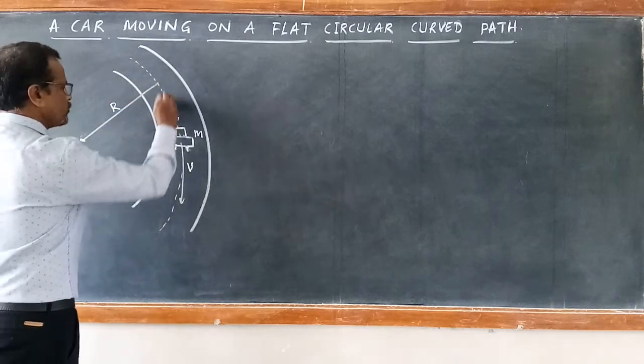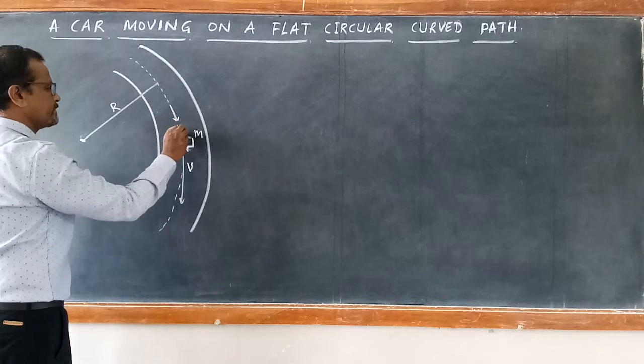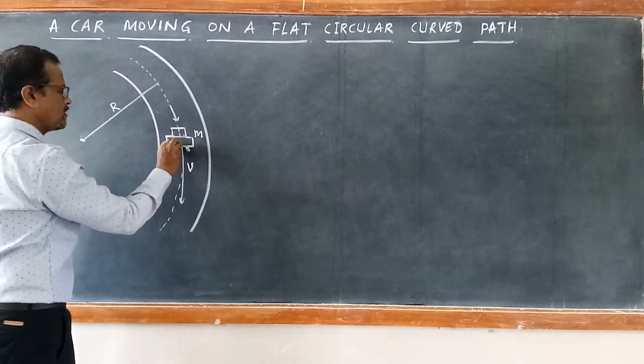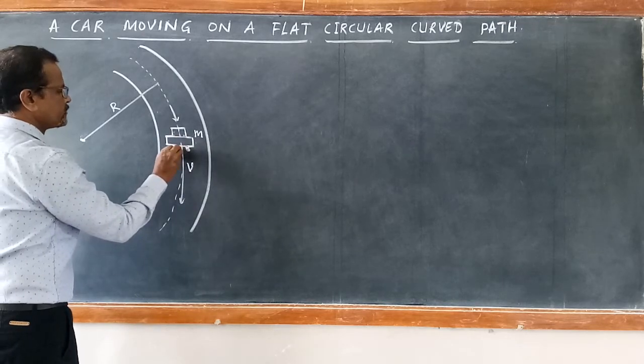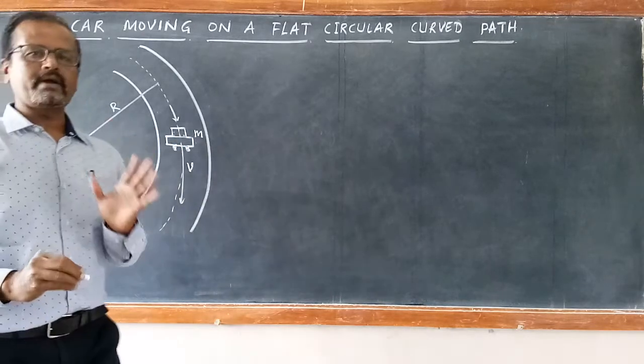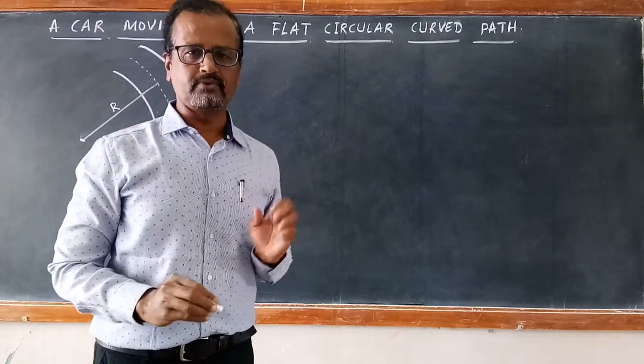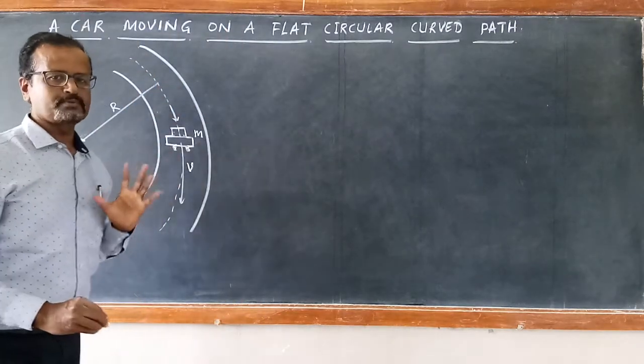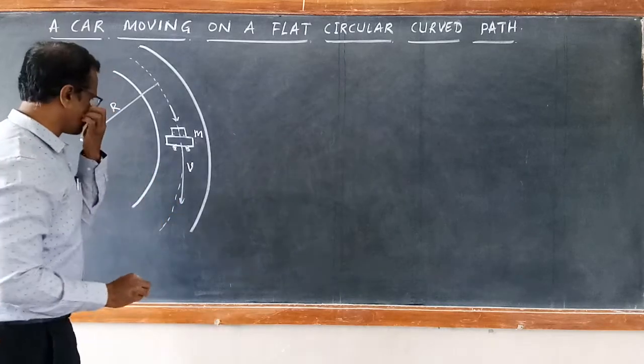And then when the car of mass m is taking a turn, these are the tires of the car. This car must be provided with the necessary centripetal force so that it can safely take the turn. So which force provides the centripetal force? That is the question.